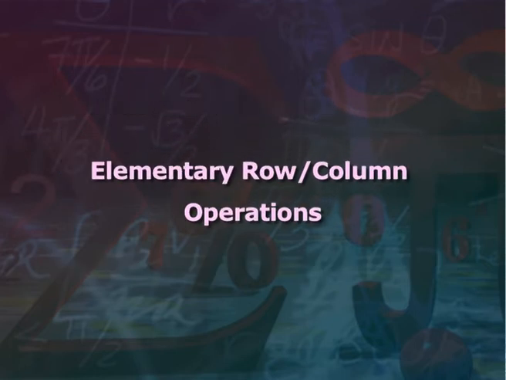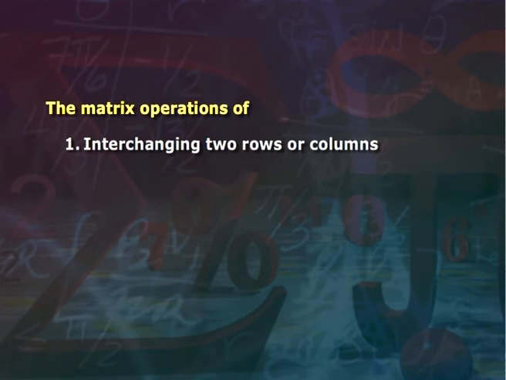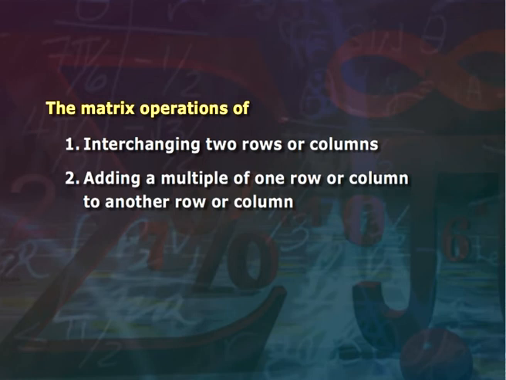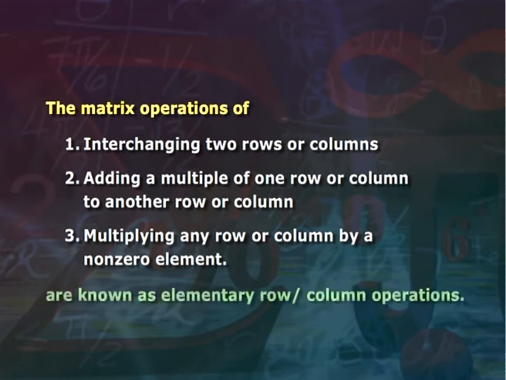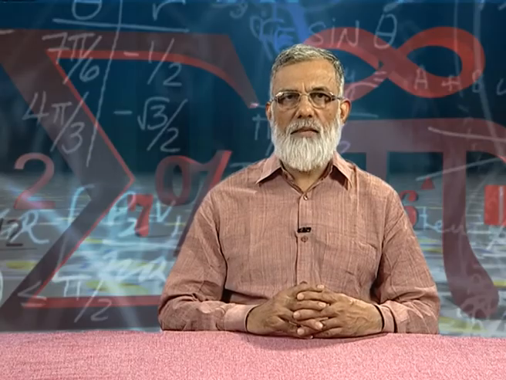Elementary row column operations. The matrix operations of 1. interchanging two rows or columns, 2. adding a multiple of one row or column to another row or column, 3. multiplying any row or column by a non-zero element, are known as elementary row column operations. These operations are important.